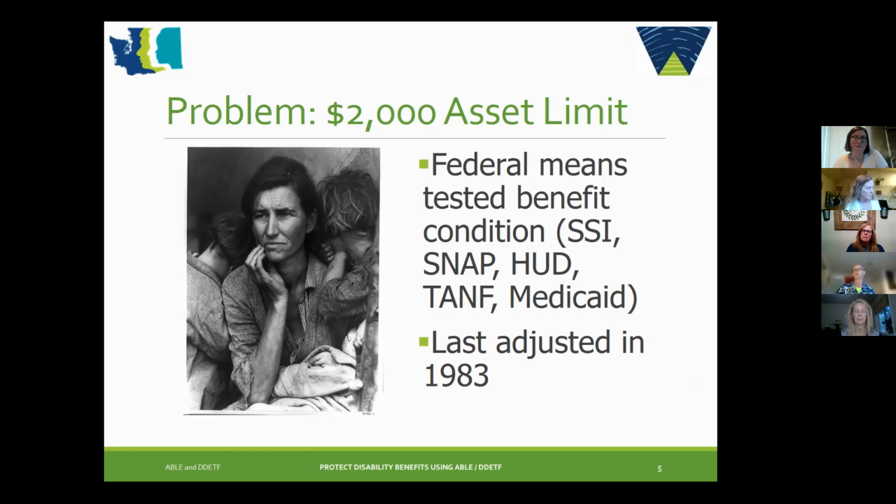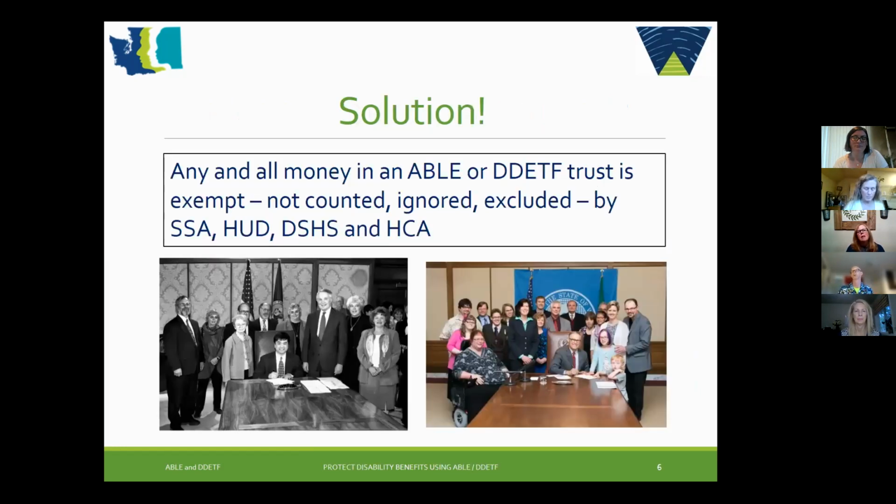And so both these programs solve that asset limitation. Any and all money in these programs, whether it's the DD Endowment or the ABLE account, is exempt. That means it's not counted, it's ignored, it's excluded. The caseworkers cannot use those dollars to factor in the individual's resources, and therefore whether or not they reach that limit.